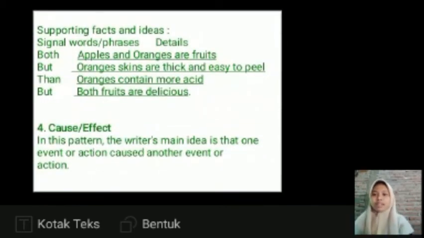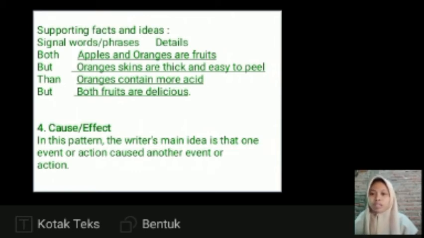Supporting facts and ideas: there are signal words or phrases and details. The signal word is both. The detail is apples and oranges are fruits. The signal word is but.